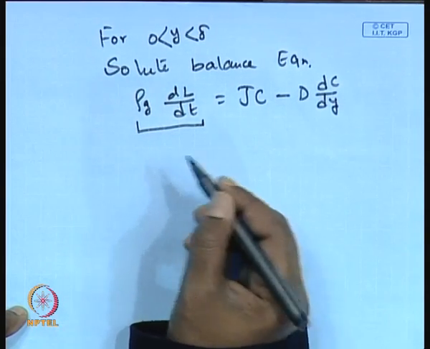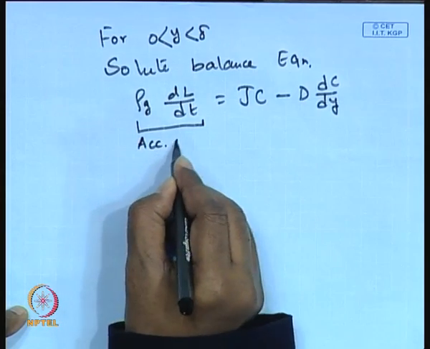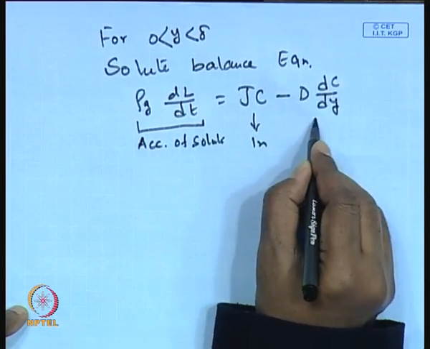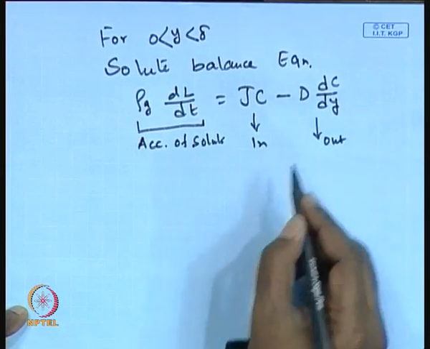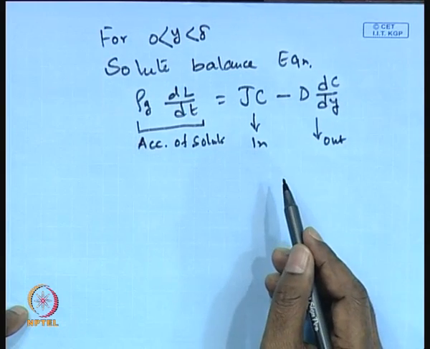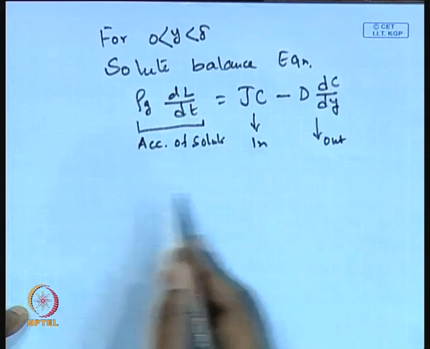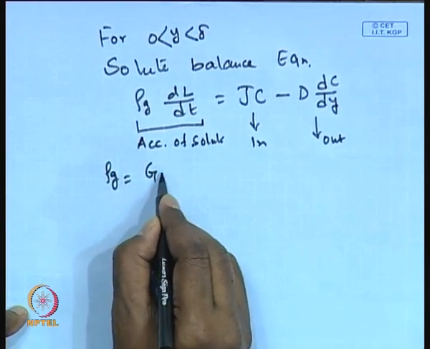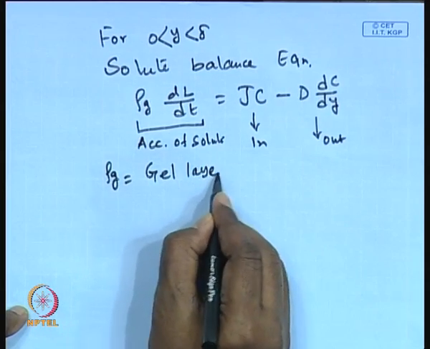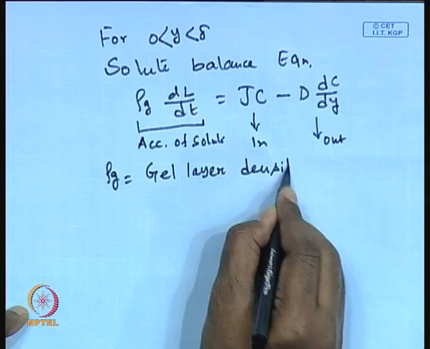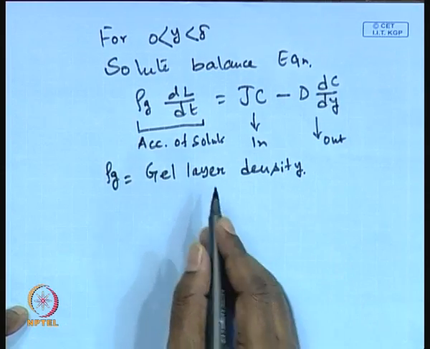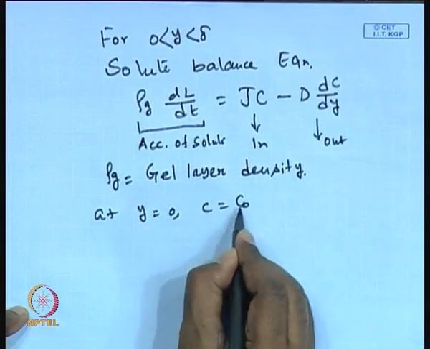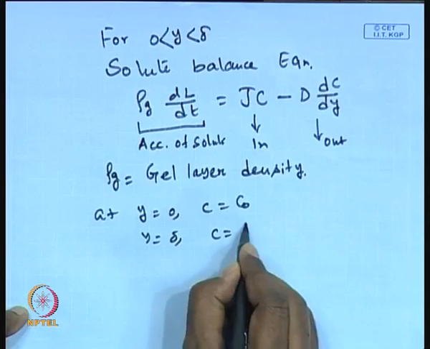Accumulation is equal to in minus out. Total accumulation of solutes, this is in and this is out, because Cg is more than C naught. So there will be backward diffusion. And what is rho g? Rho g is nothing but the gel layer density, or density of the particles forming the gel. The boundary conditions are: at y is equal to 0, C is equal to C naught, and at y is equal to delta, C is equal to Cg.